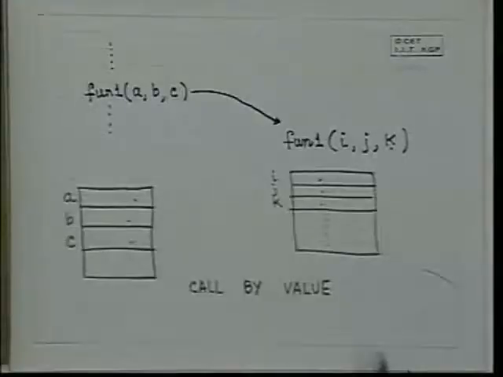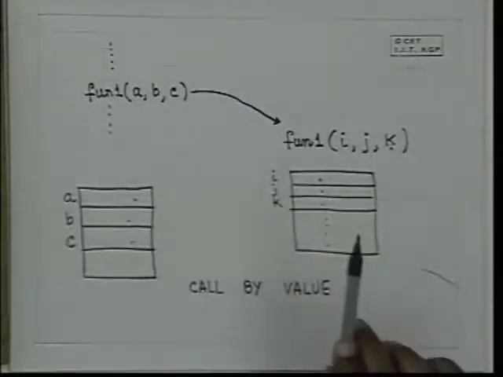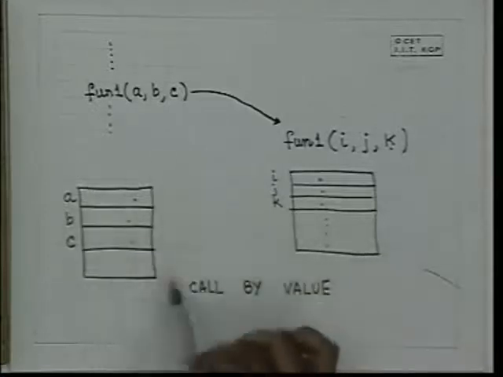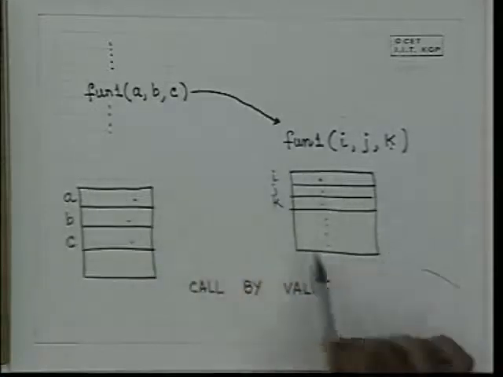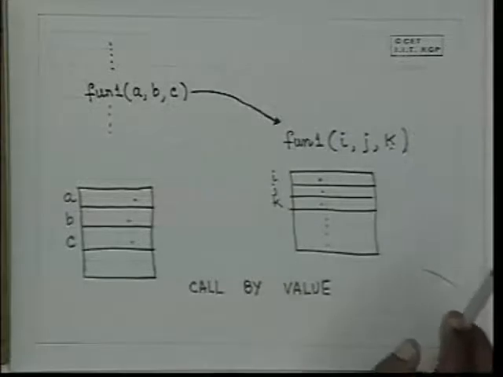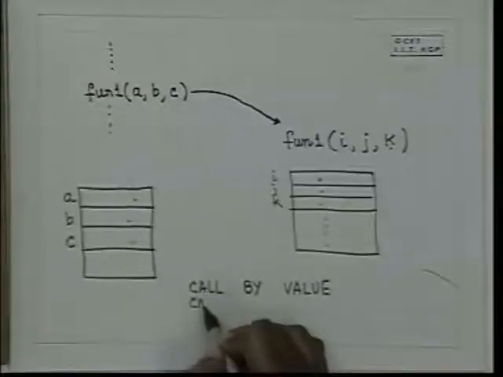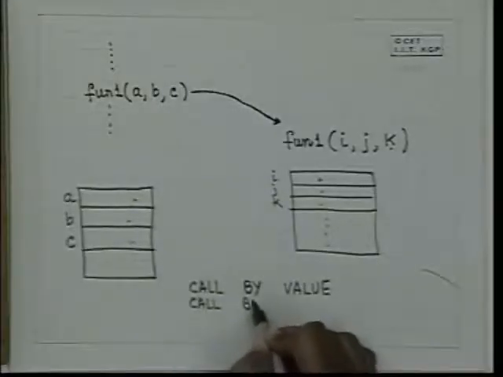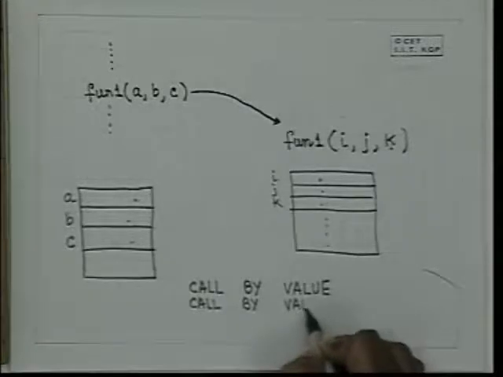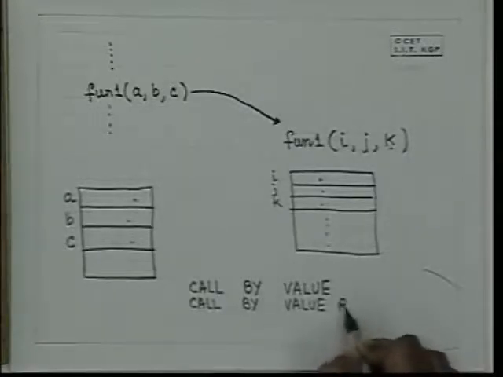So they are copied into the local variables and the function is executed, and after the function is over, these are deallocated. We shall see how this allocation and deallocation and memory access is done a little later on in more involved examples. In other programming languages, there are slight variations. There is a variation called call by value result.